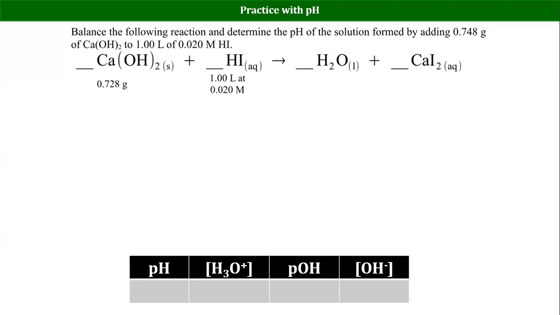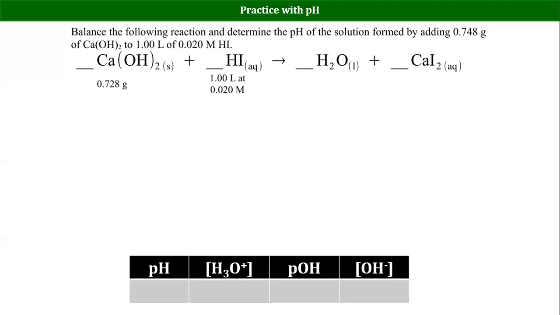What's the molecular weight of the calcium hydroxide? 74? 0.092.